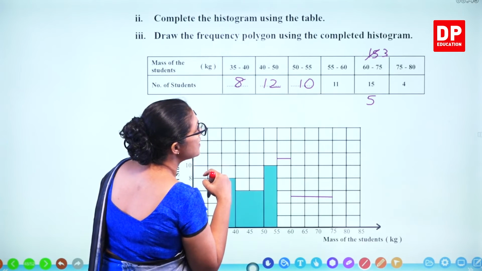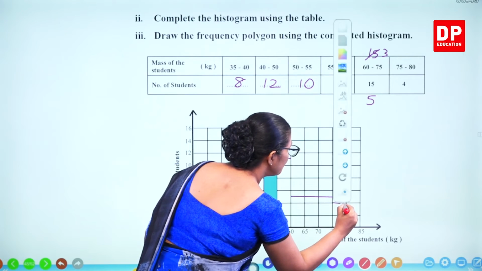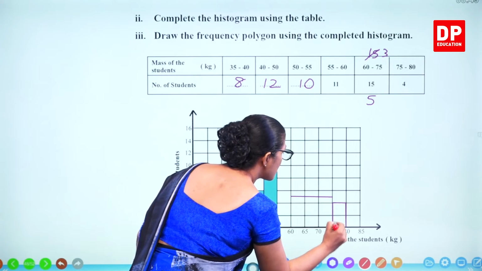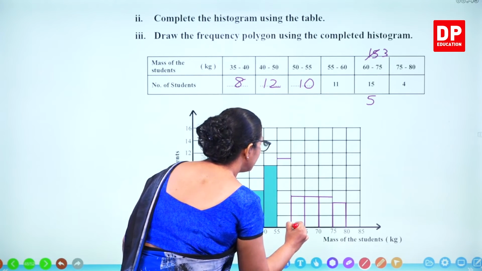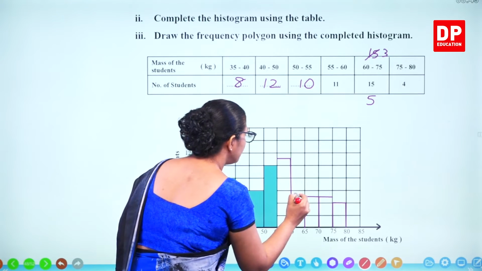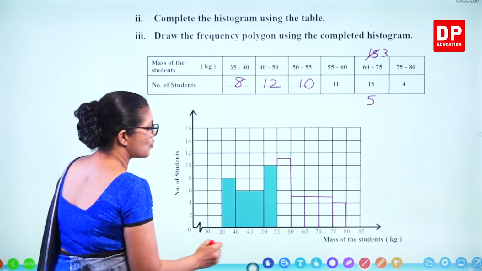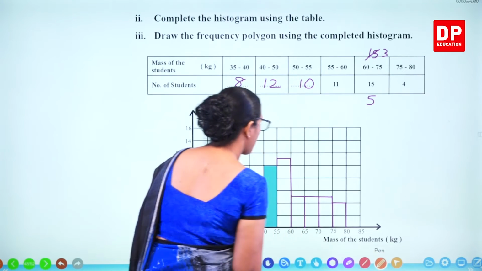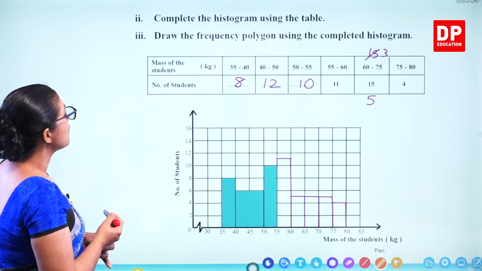And the other one is 75 to 80, that's 4. Now you can continue these bars. So that's the histogram. So you get marks for that.